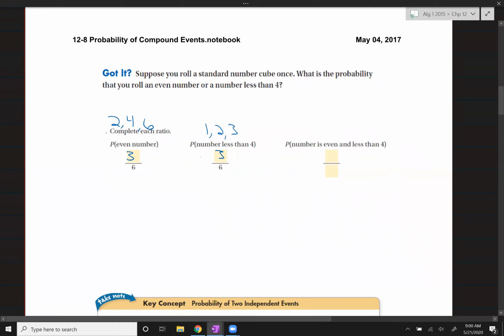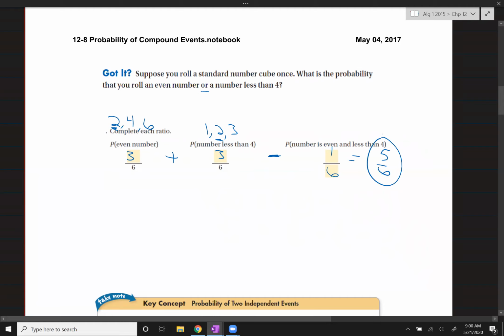So that's 3 out of 6. I'm successful on OR here, so that means I get to add those together. Do I have any of these evens that are less than 4? If so, I need to subtract those out. So is there anything in both columns? Yeah, 1/6. That means my final answer is 5/6.